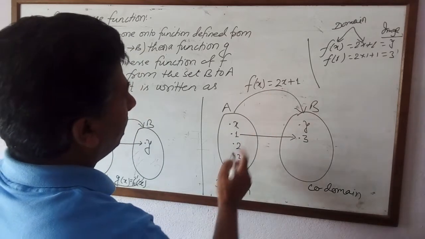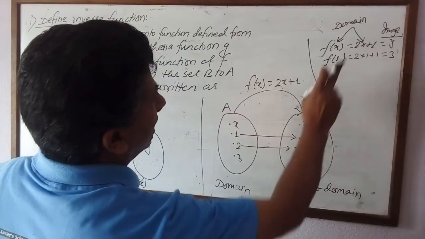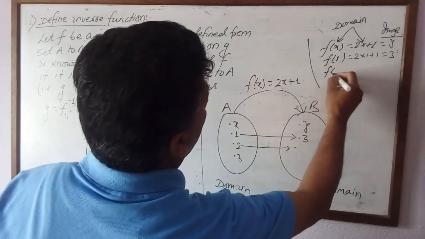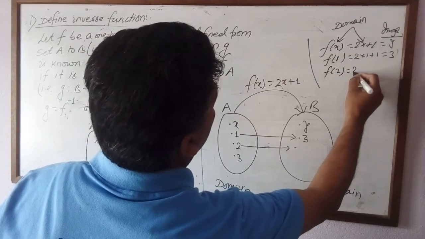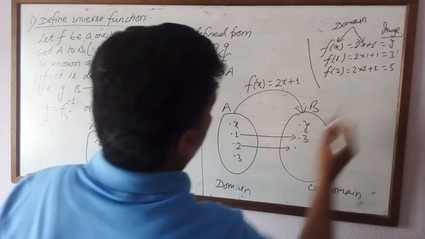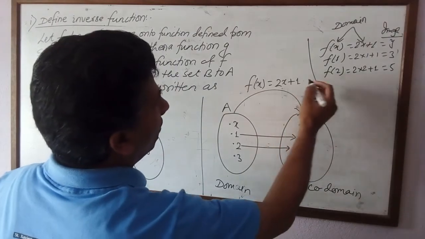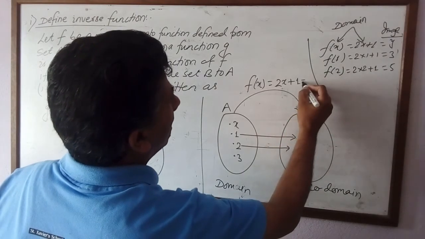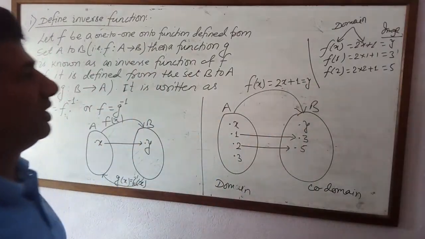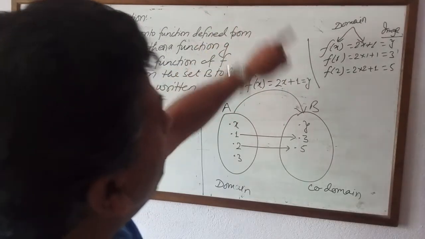Now here is another. When you write 2, f(2), then it will be 2 times 2 plus 1, this is 5. Now the image of 2 is 5. Now we are finding the value of y. We can write y also like this: when we write the value of x, it gives a certain value, and that value is y.